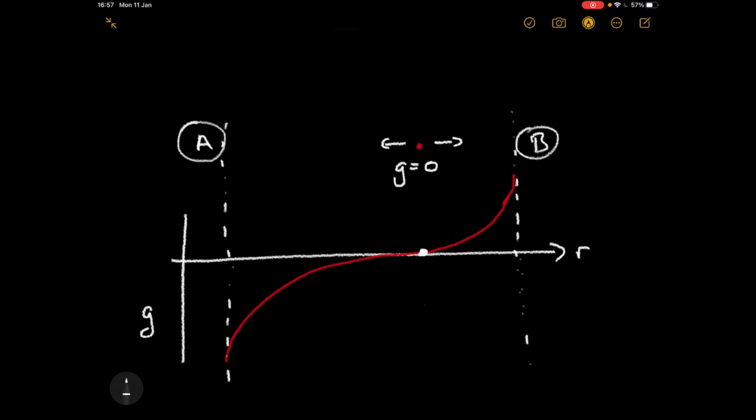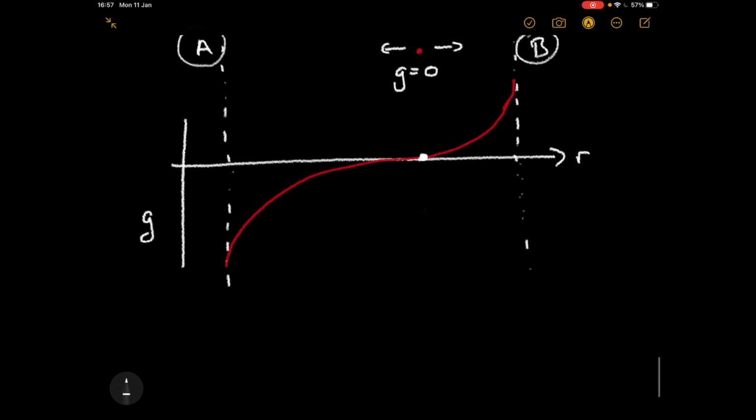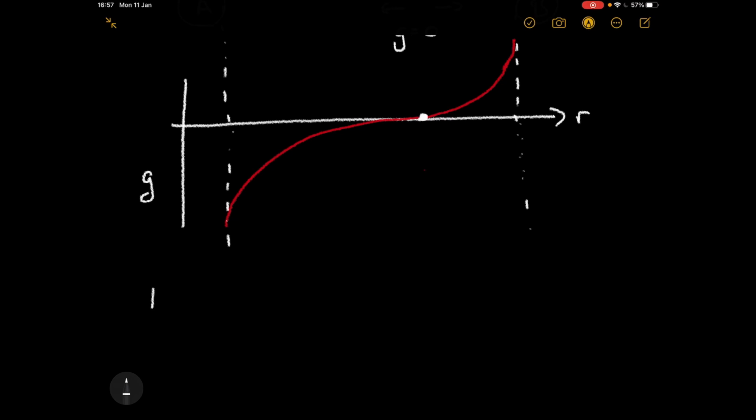So that would be the 0 point essentially. But much like the forces, if you want to know the overall gravitational field strength at any point, remember, it's an acceleration, it's a vector. You can always add and subtract them like vectors.